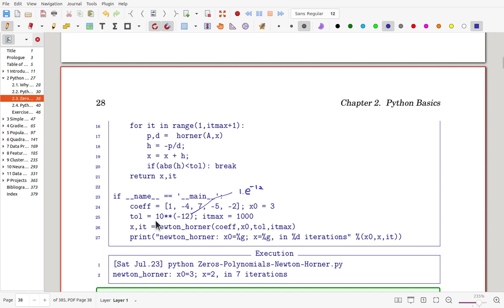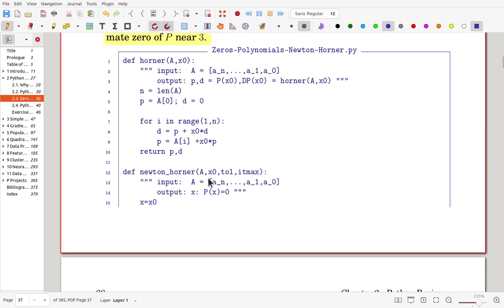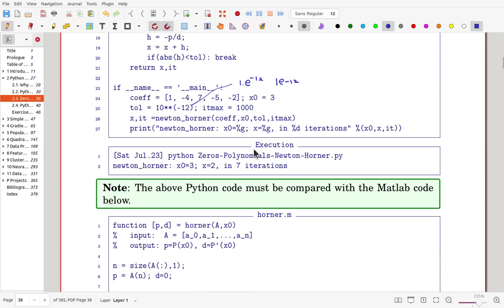In Python, it is 1e minus 12, then it's 10 to the minus 12, and the maximum possible iteration is 1000. Along with the setting we call Newton-Horner, and this function uses Horner like that.